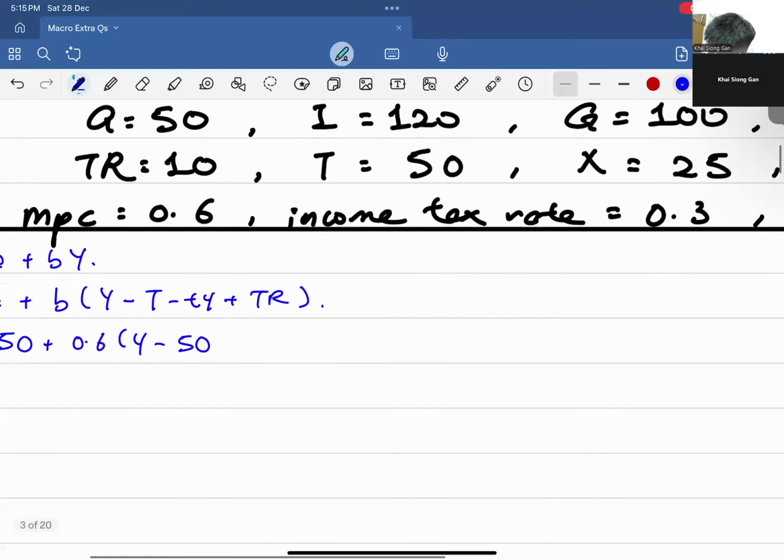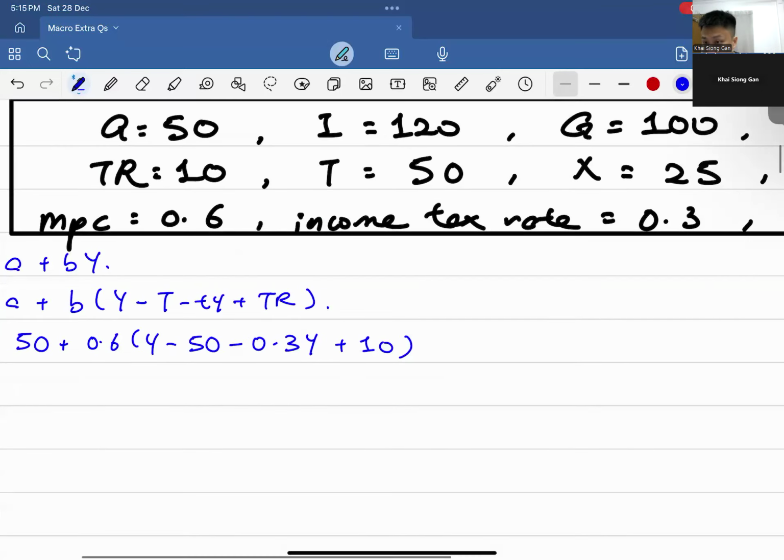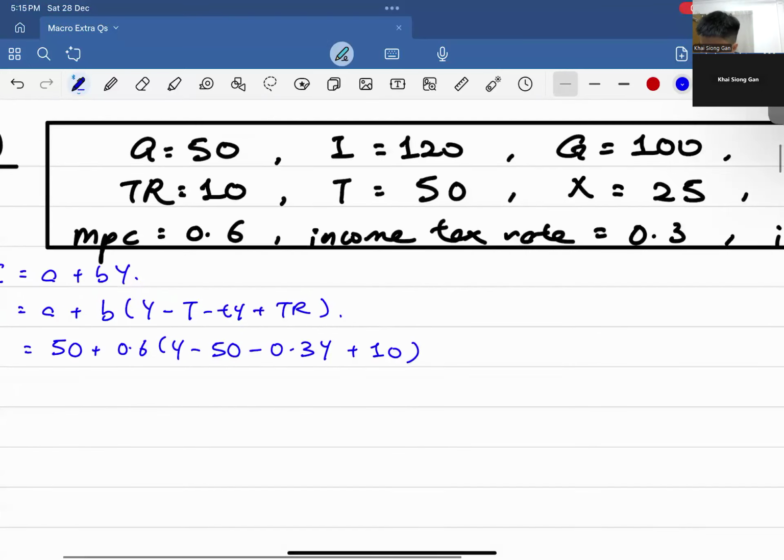Make sure you don't make any mistake while doing your substitution and your algebra. All these are easy marks for you to score. Then we can expand it.